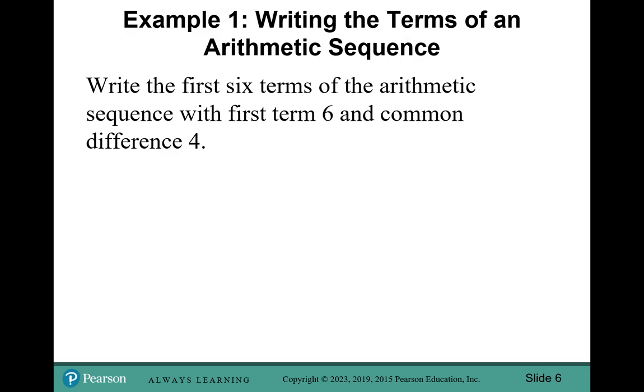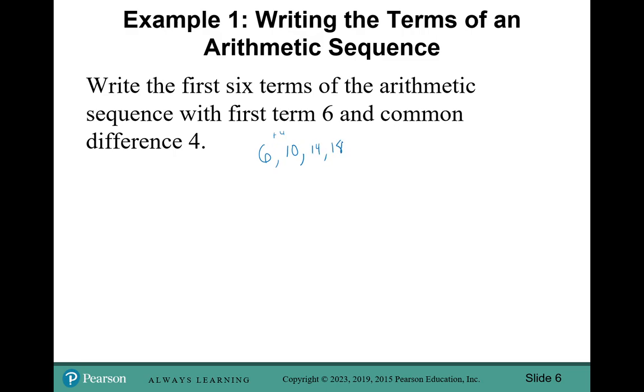So let's write the first 6 terms of the arithmetic sequence with the first term 6 and the common difference 4. 6 is the first term, common difference of 4, so we're adding 4. The next term is 10, because 6 plus 4 is 10. Add another 4, that's 14.